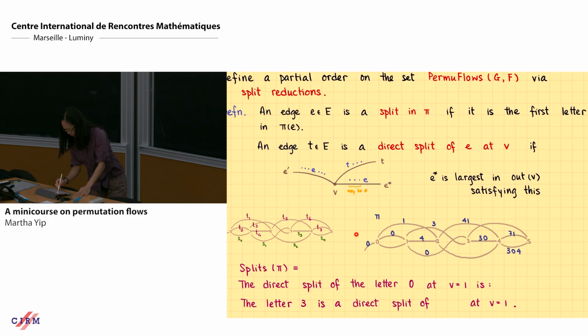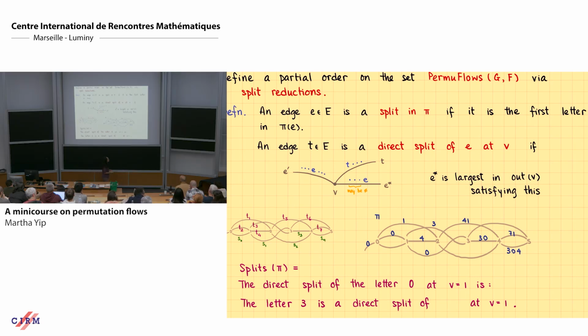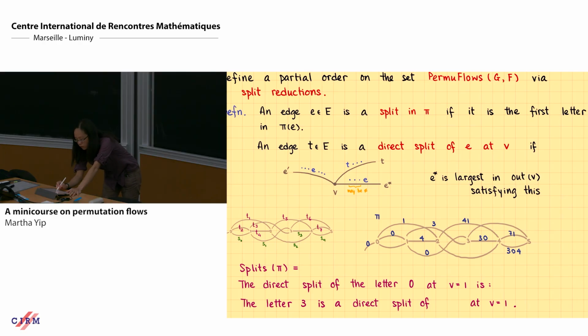But okay, I have a permutation flow. What are the splits of pi? E can appear only on one edge. What if E can appear on many edges? For example, if E is 1, E can appear on all those edges at least. E can only appear on one of the edges, yes. What do you mean by the largest?